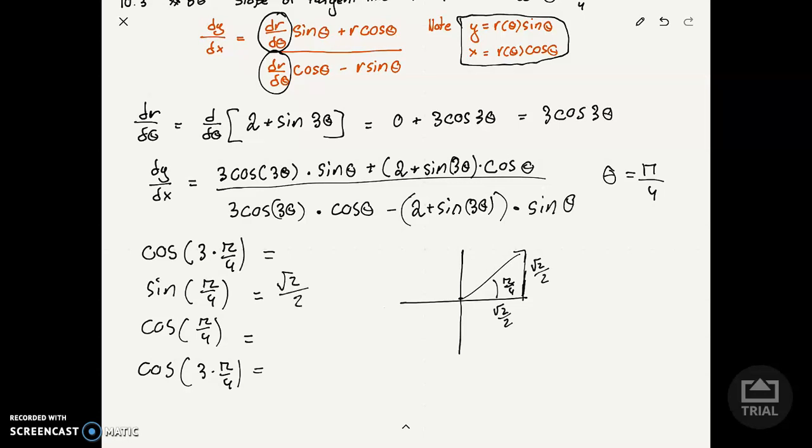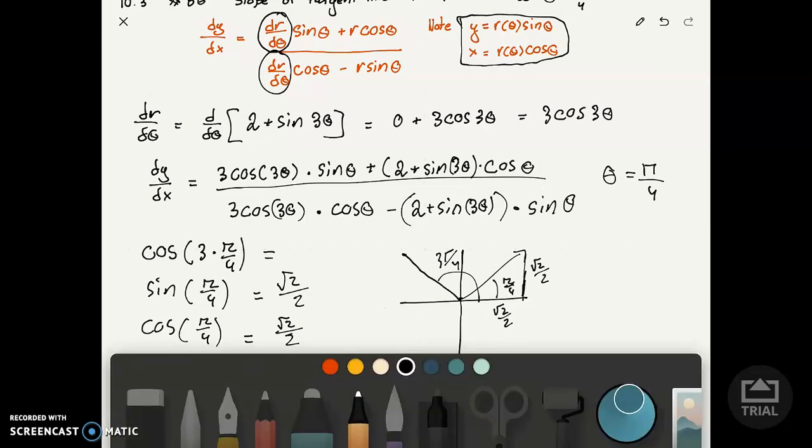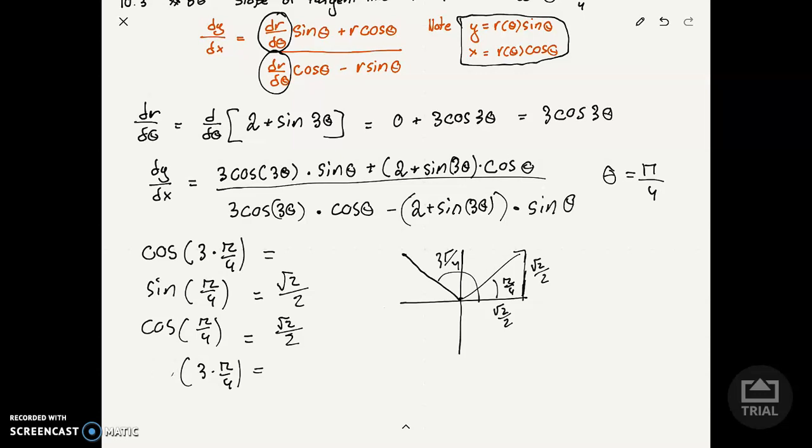And now for 3 pi over 4, this is pi, the entire top is pi, so this entire thing is 3 pi over 4. So it should have the same sine value.